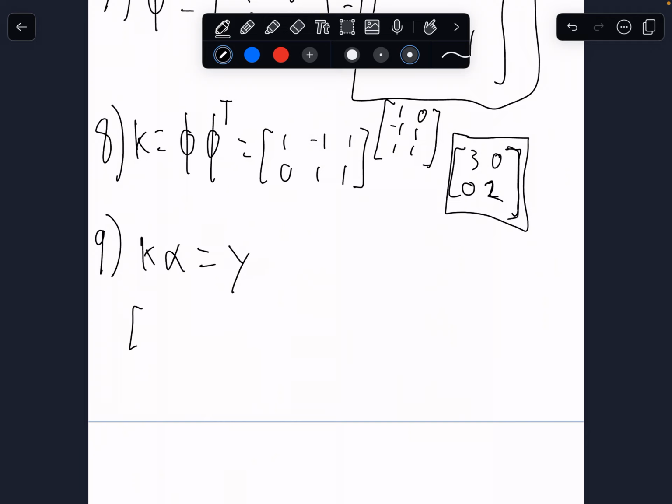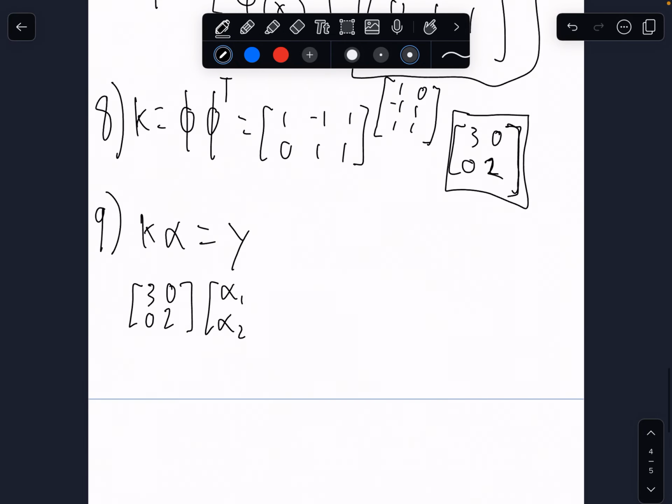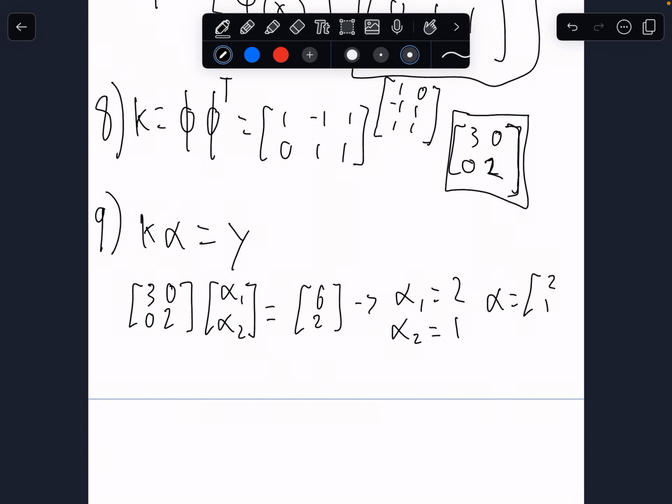So that would be 3, 0, 0, 2 times alpha 1, alpha 2, and y we're given is 6, 2. So we have that alpha 1 equals 2, alpha 2 equals 1, so alpha equals 2, 1.